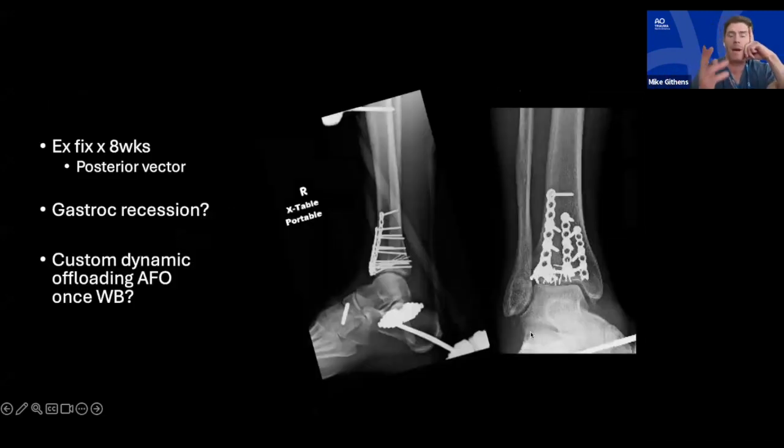So here's my question, and I'll leave this to Clay and to you, Milton, in regards to an injury like this. Are there things that you're doing that are different than your standard pilon fractures for these anterior escapes, whether that's intraoperatively or postoperatively?